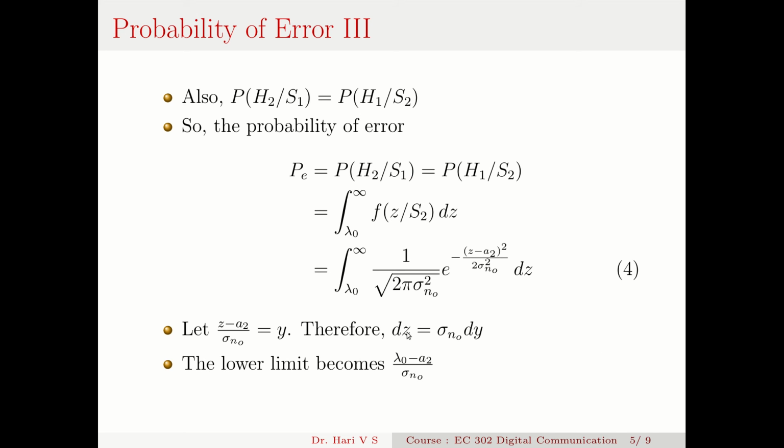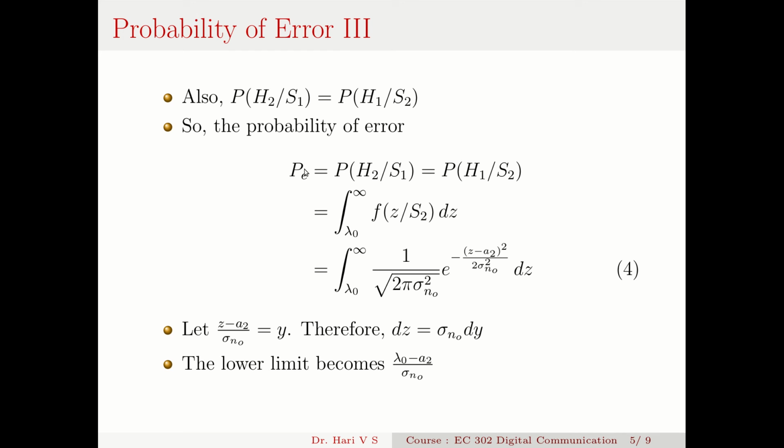P(H2 given S1) is the same as P(H1 given S2). Earlier we established that P(S1) and P(S2) are equal, each half. Here we make the statement that P(H2 given S1) equals P(H1 given S2). So what is the probability of error? Earlier we saw that it is P(H1 given S2) plus P(H2 given S1) into 0.5. Since these two are equal, the half is removed.